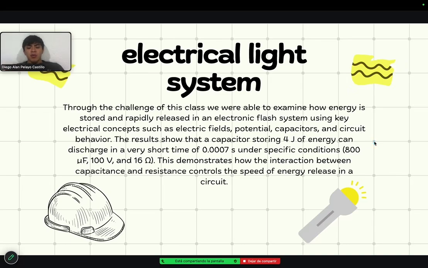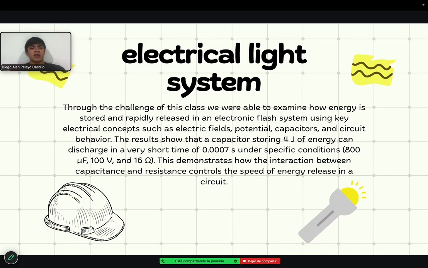For example, we got to understand that parallel capacitors were helpful through all of these, because the results showed that a capacitor storing 4 joules of energy can discharge in a very short time under specific conditions, and this demonstrated how the interaction between capacitance and resistance controls the speed of energy released in a circuit.